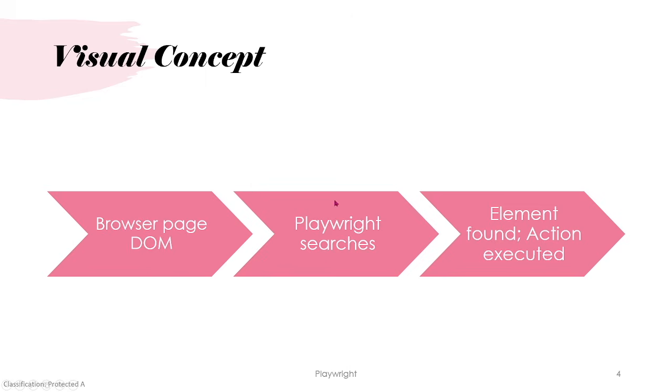If Playwright goes to the page and does not find the elements, that means the locator is wrong or the web elements take a longer time to load. So in this case the web elements are not found, so it cannot do any action. So Playwright returns a web elements not found issue.